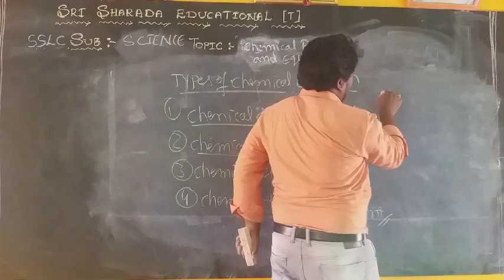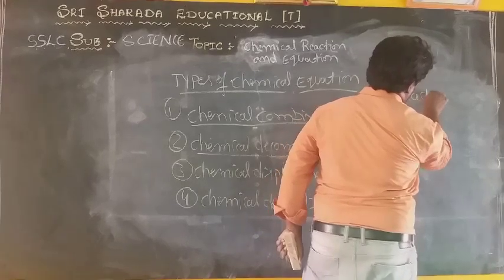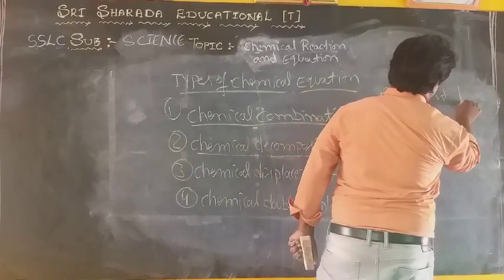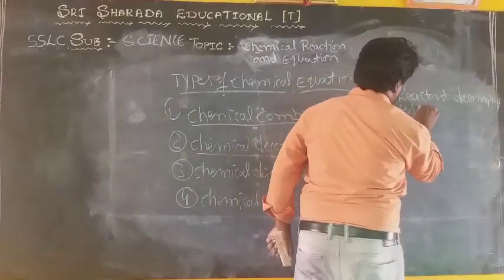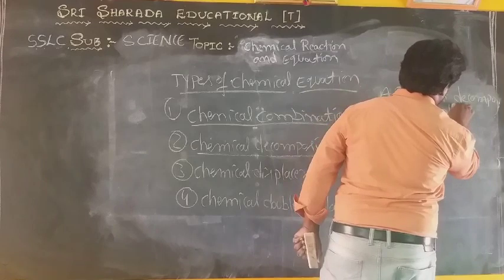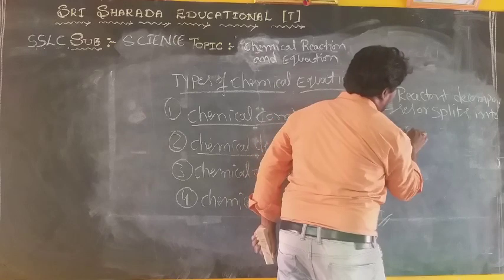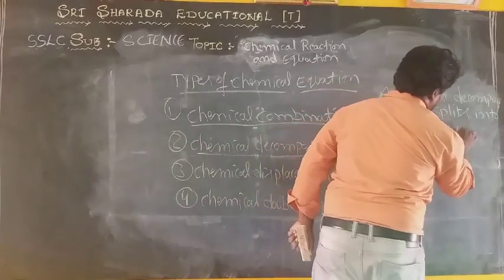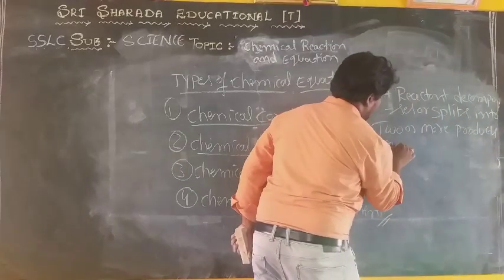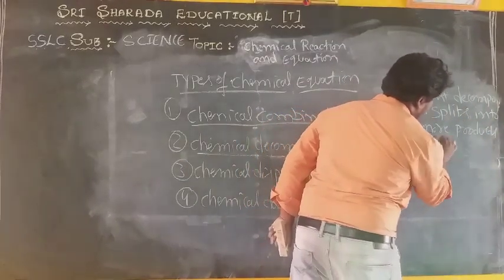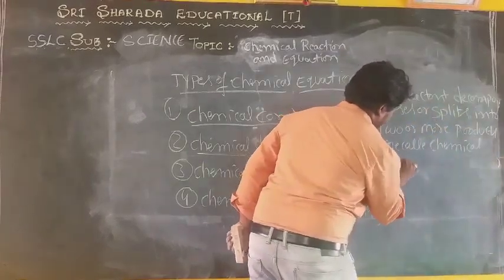See, a reactant or heavy reactant decomposes or splits into two or more products. That is called chemical decomposition.